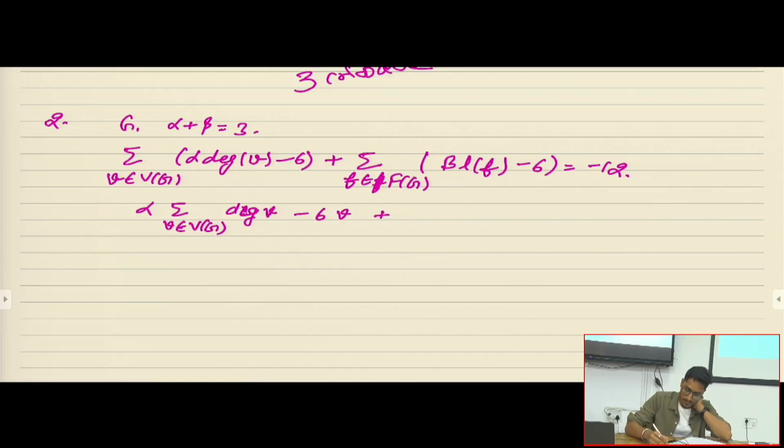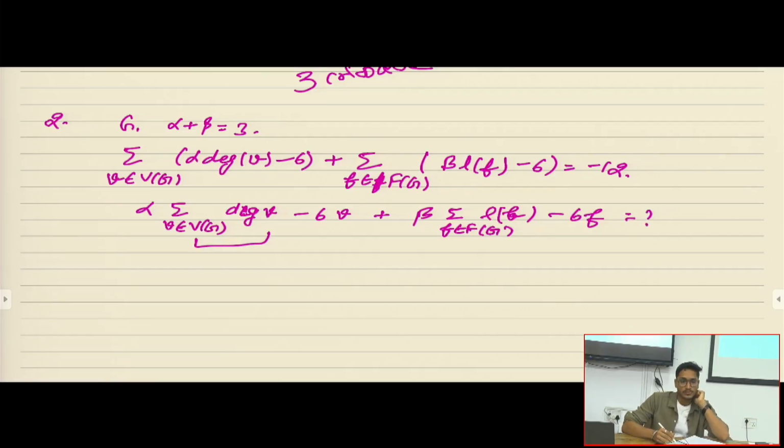So we know that the sum of degrees is twice the number of edges, that is 2e minus 6v, and the sum of face lengths is also twice e, minus 6f.